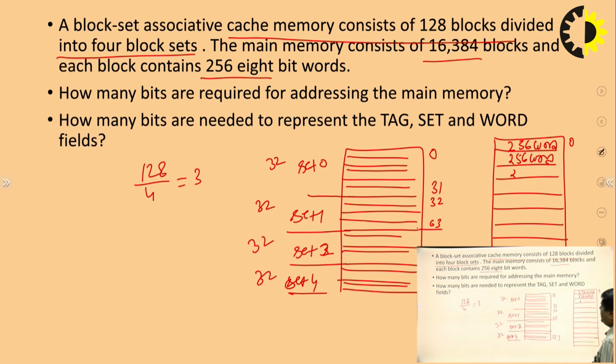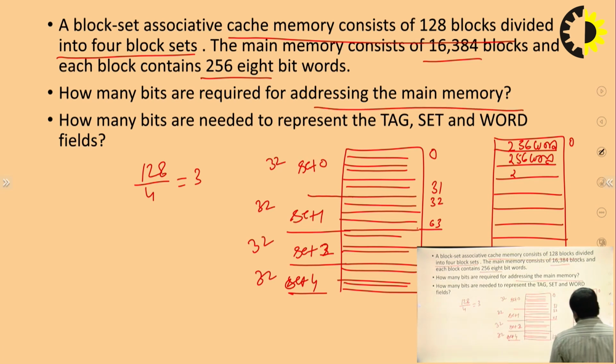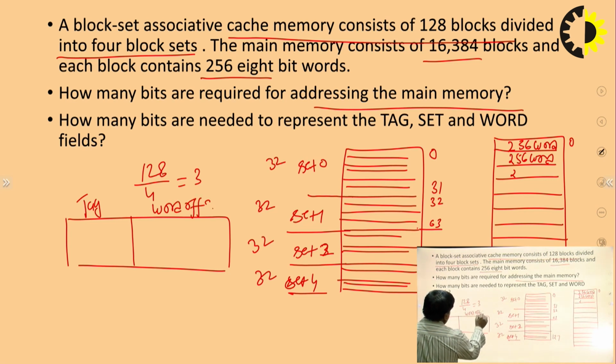Now how many bits are required for addressing the main memory? That is very simple. The address of the main memory is again divided into two parts, tag and word offset. What is the tag?